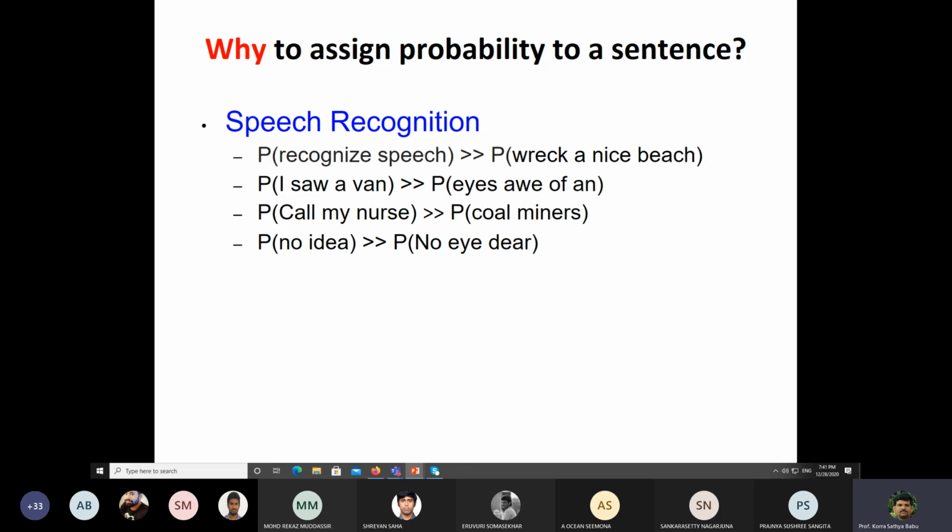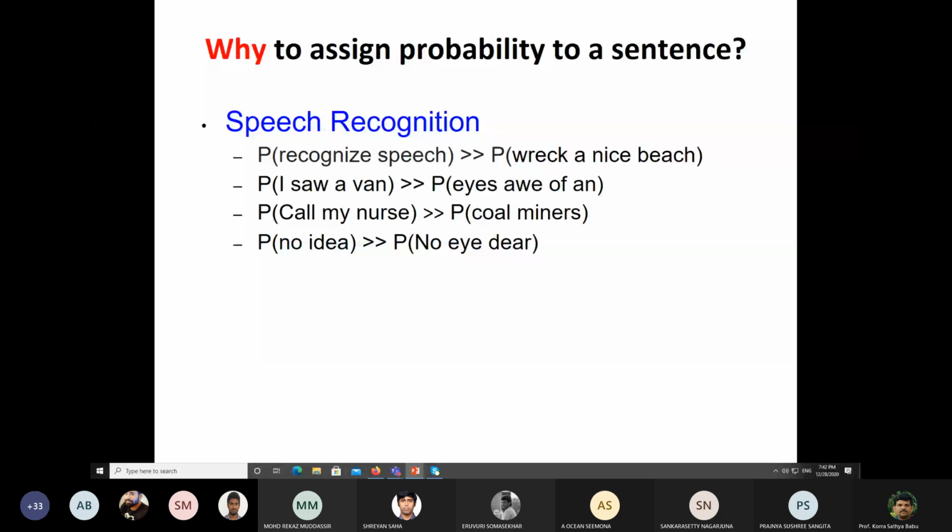Similarly, you see the sentence below, probability of "I saw a van". When somebody speaks this particular sequence of words, the probability of I followed by saw followed by a followed by van is greater than the probability of "eyes of an".